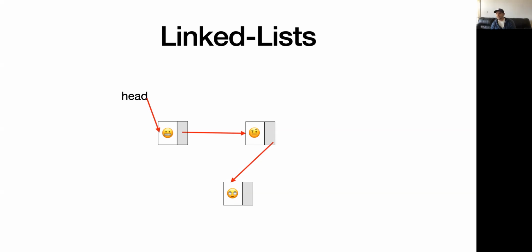So let's see a really quick example of why a linked list is beneficial. Let's say I wanted to add another emoji node in the middle of our list. With arrays, this would have involved copying all of the existing elements and shifting them down to make room for the new element.